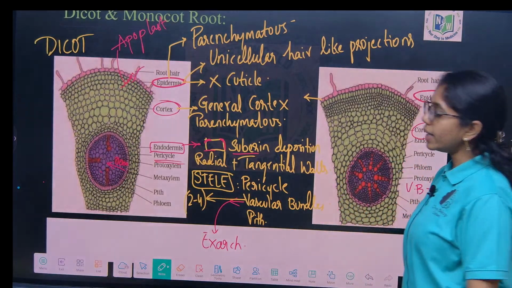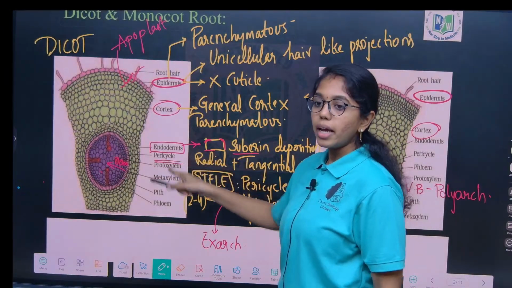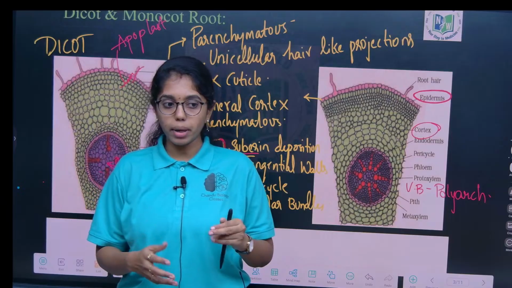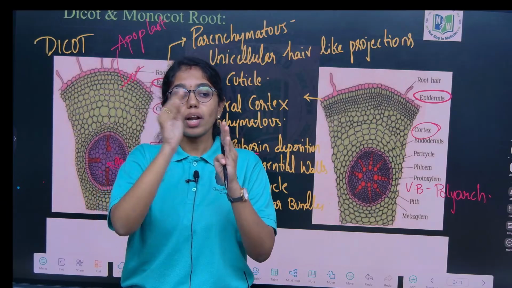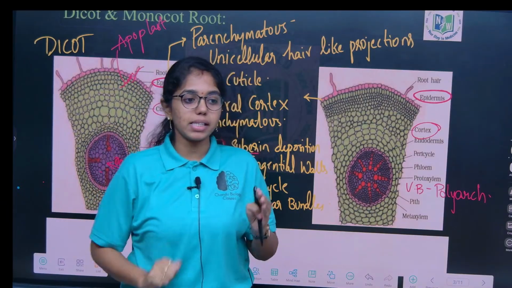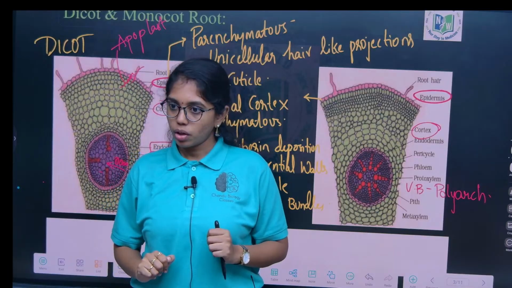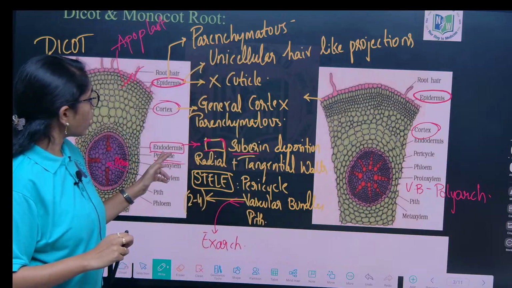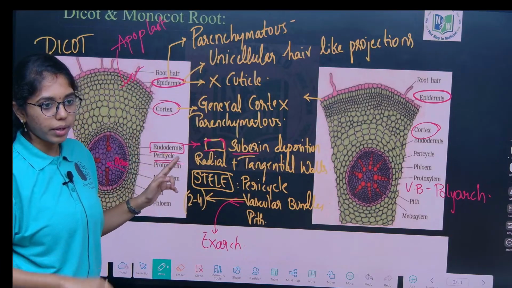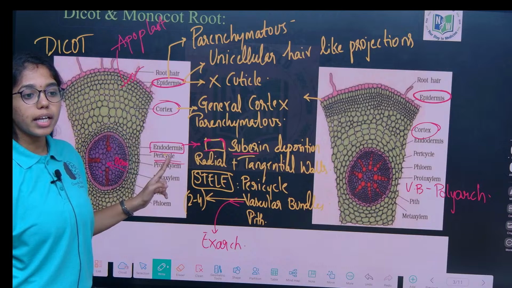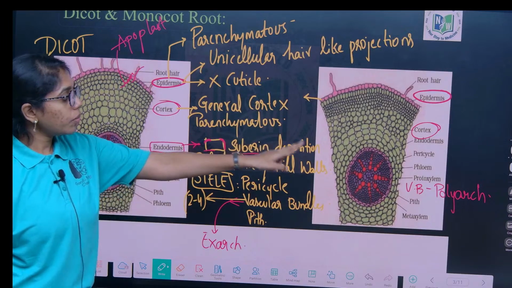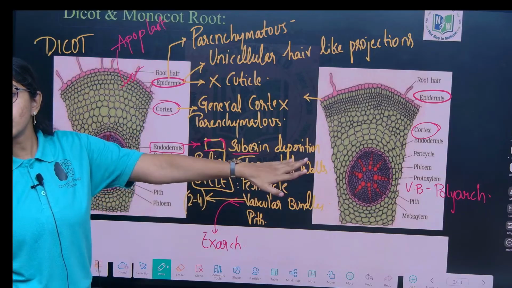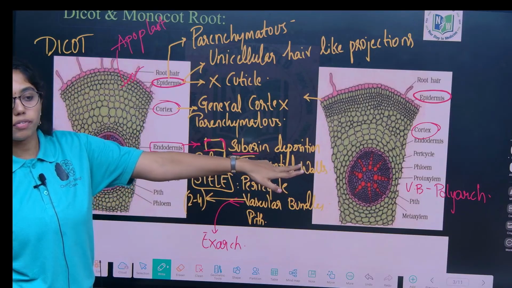And here pericycle which is there, in morphology taproot system if you remember, the lateral roots will originate endogenously from pericycle is the point we have learnt. Lateral roots arise endogenously from pericycle. Here in dicot root, as cambium is present, cambium is also originating from pericycle. But in monocots only lateral roots will arise from pericycle, cambium is not present, so cambium will not originate from pericycle.